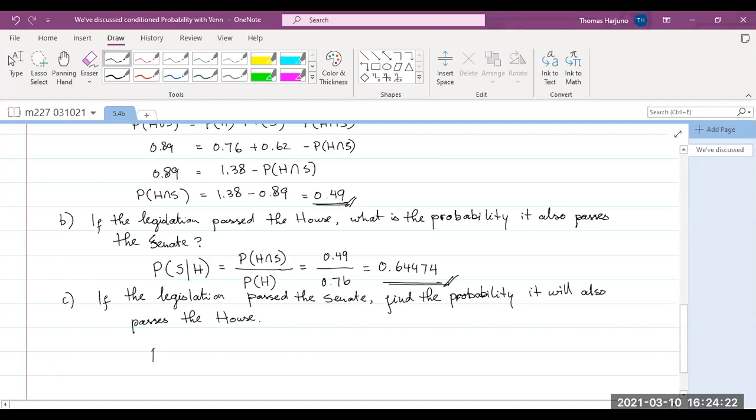In other words, knowing that it passed the Senate, what's the probability it passed the House?